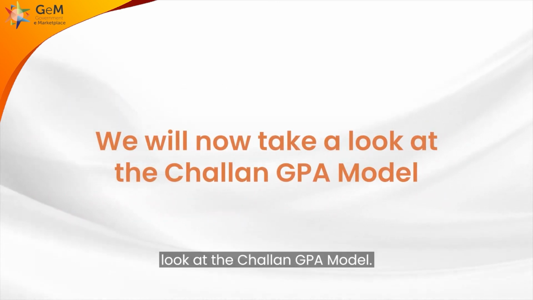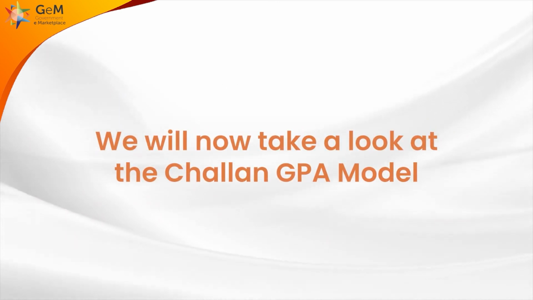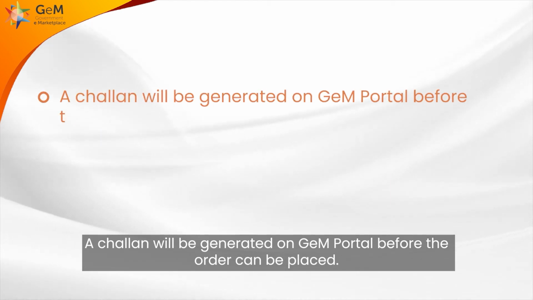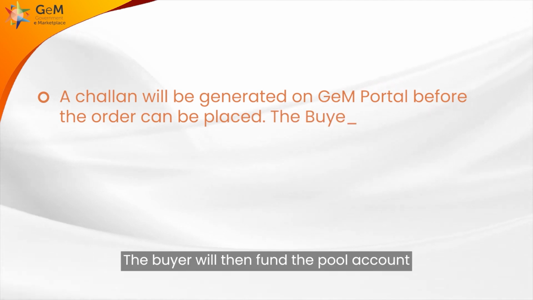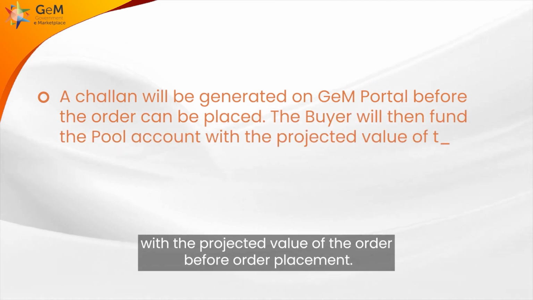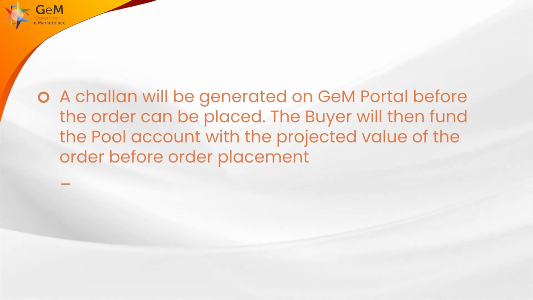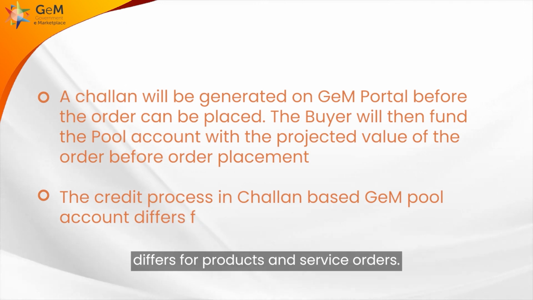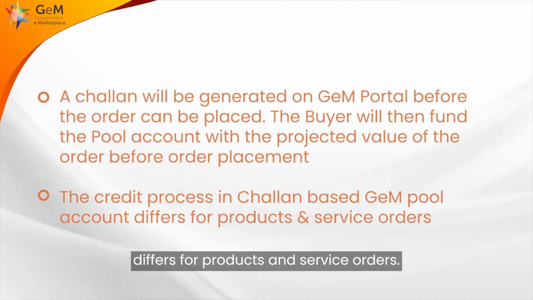We will now take a look at the challan GPA model. A challan will be generated on the GEM portal before the order can be placed. The buyer will then fund the pool account with the projected value of the order before order placement. The credit process in challan-based Gem Pool account differs for products and service orders.